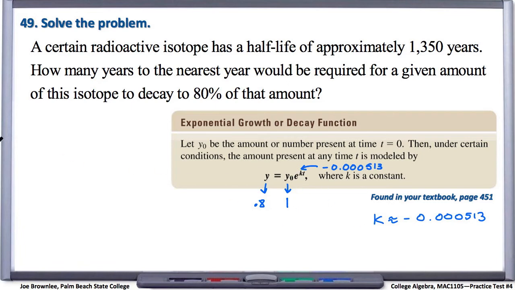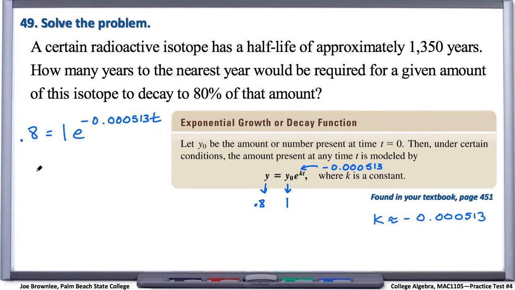Plugging it in, we have 0.8 equals 1 times e to the negative 0.000513 times t.